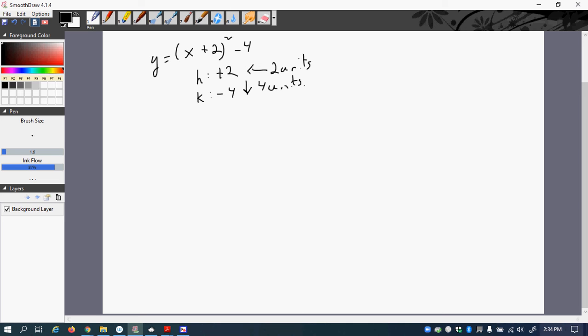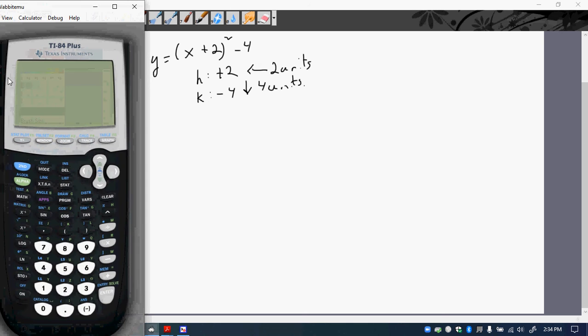So if we go to our graph and graph that, we go to y equals, let's keep the original x squared, and let's clear out these other ones. We'll go to y2 and type this in: parentheses x plus 2 closed to the power of 2, minus 4, and then hit zoom 6.